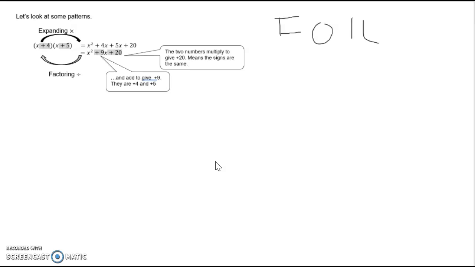This part says they add to give you positive 9, therefore both of these numbers have to be positive, because positive 4 plus positive 5 gives you positive 9. We knew that they had to be either both positive or both negative, but because the answer is positive 9 in the middle, we know that both have to be positive.